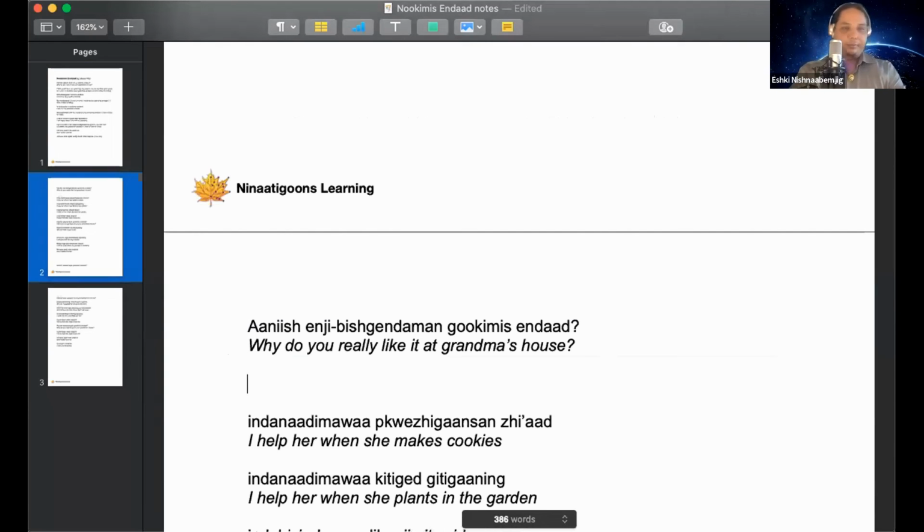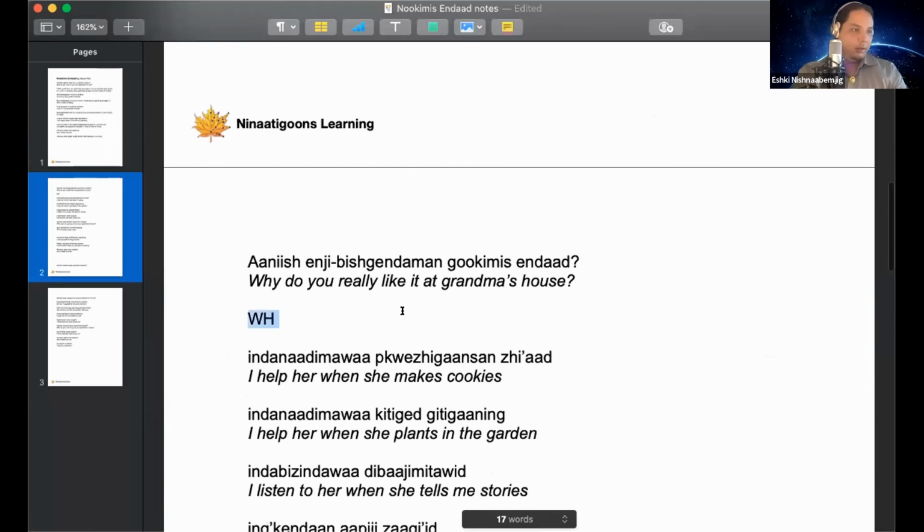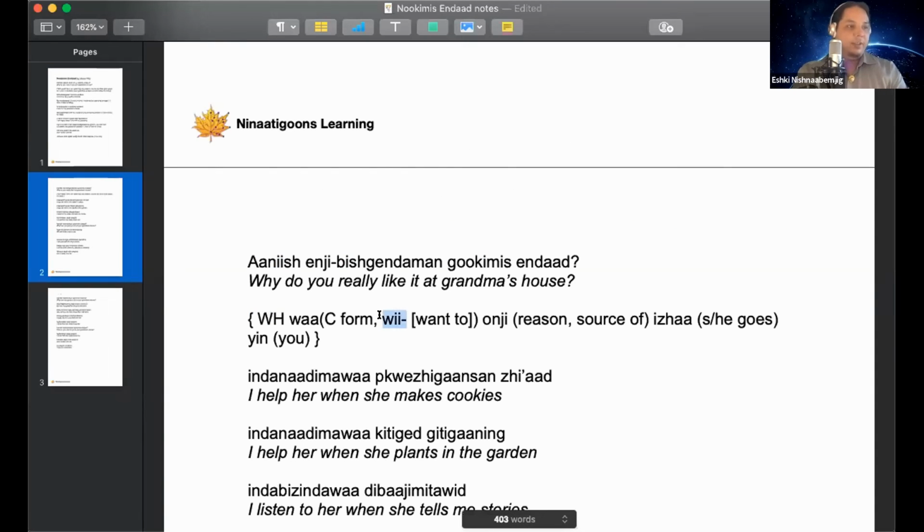Eshki-nishnaabemjig. So again, I told you that anish is a big WH word that we use a lot. How did I do this at the top? C form. So this one's a little bit more interesting.